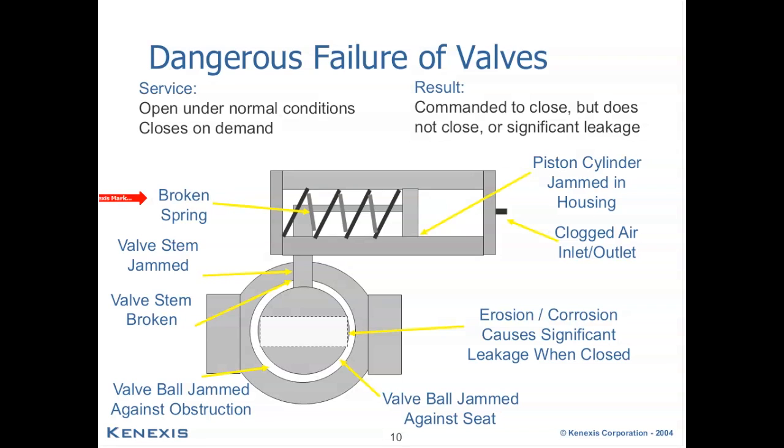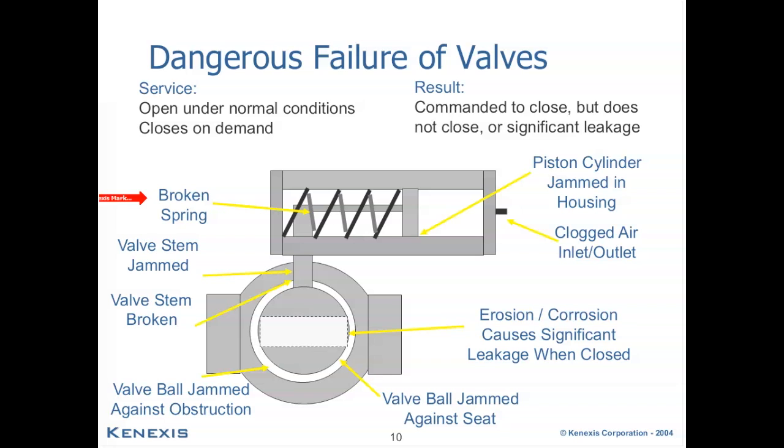You can have the valve stem jammed, or the valve stem can be broken off altogether, so the actuator can turn all at once, but the ball is not going to move. You can have the valve ball jammed against the seat, or jammed against an obstruction. Some of my favorites would be welding slag, welding rods, Coke cans, hard hats, you name it.